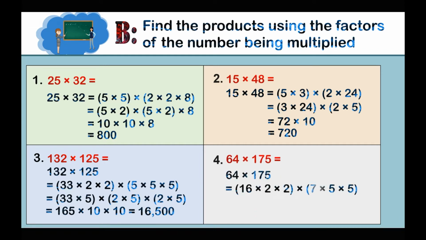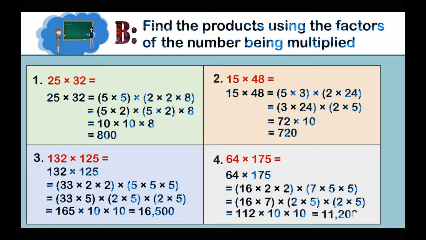Factors of 64 are 16 times 2 times 2, all in bracket, times 7 times 5 times 5 for 175. And so 16 times 7 times 2 times 5 times 2 times 5 will give us 112 times 10 times 10, which will be equal to 11,200.